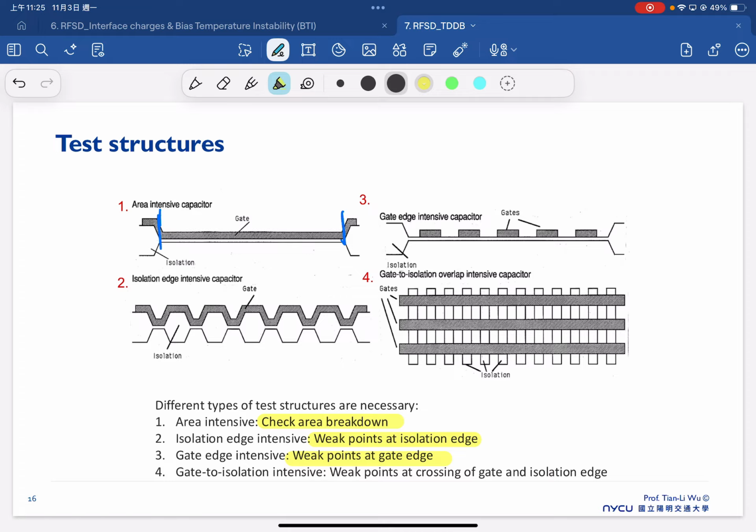So we make a structure that has a lot of gate edges. And the last one is gate to isolation intensive. This just illustrates that to test different weak regions for dielectric reliability, people develop different test structures.